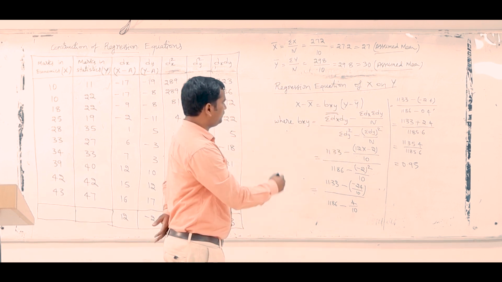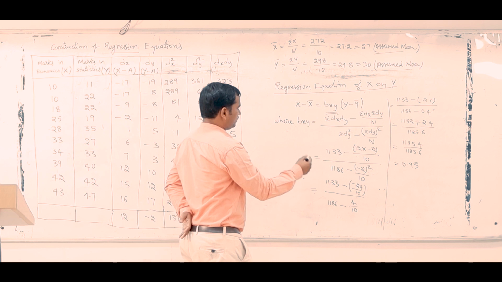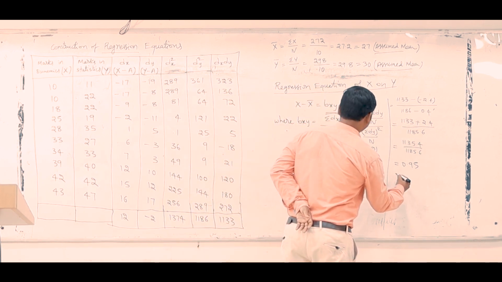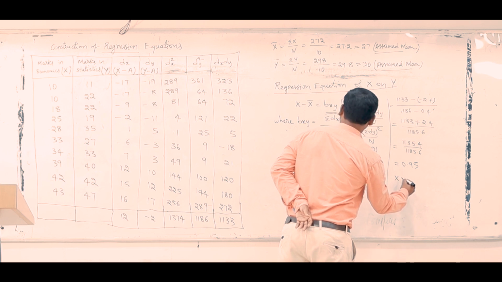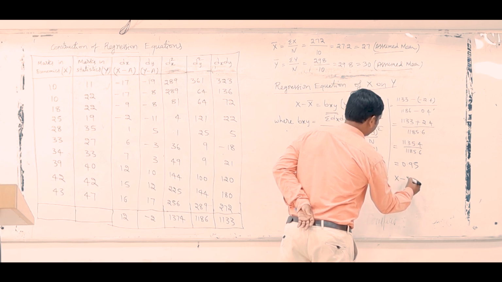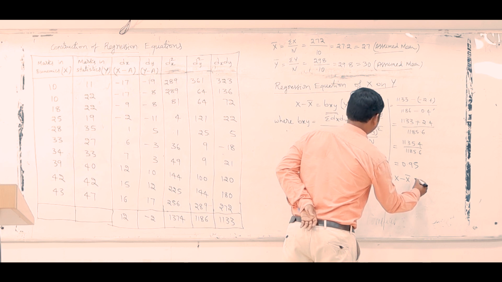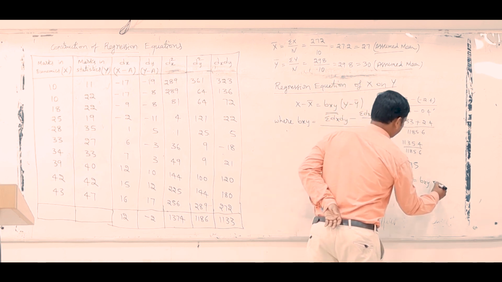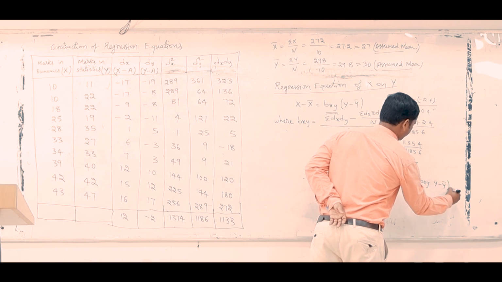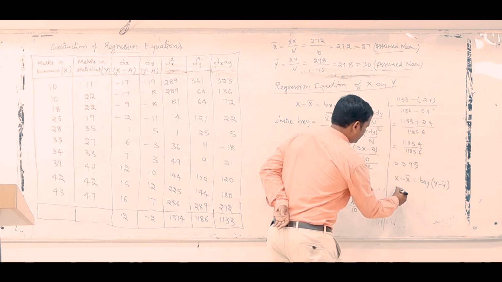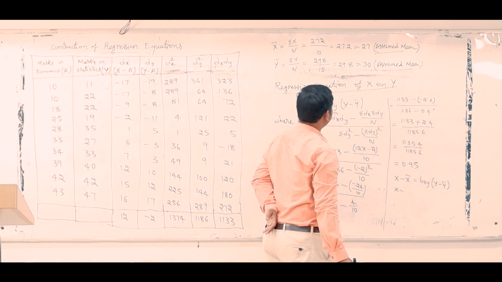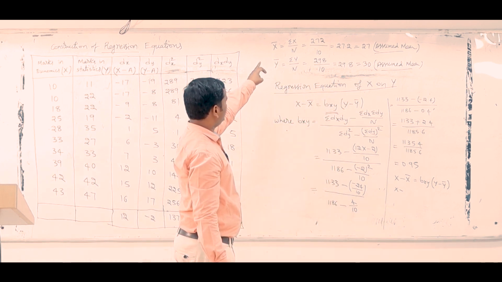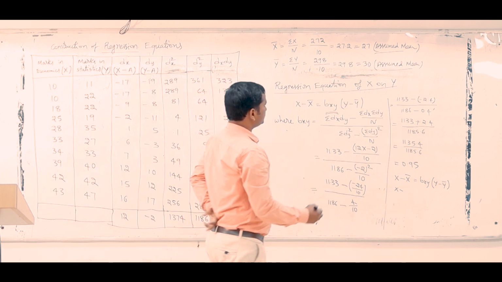So in the main formula we should apply all the values. Here the main formula is x minus x bar is equal to bxy into y minus y bar. Here x minus x bar means the mean of the x variable, which is 20.